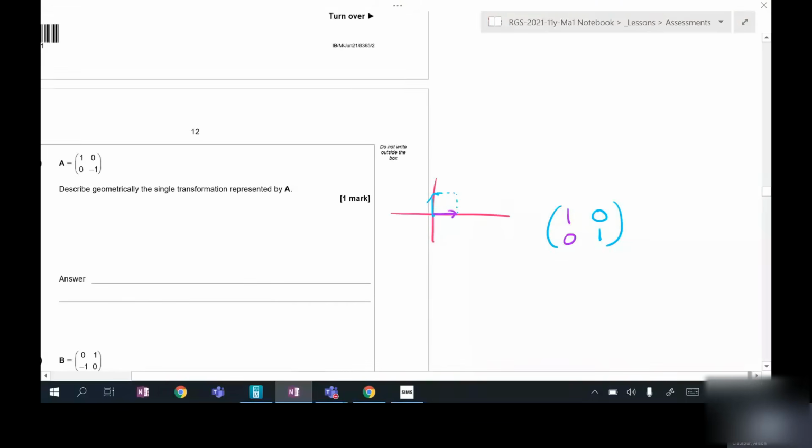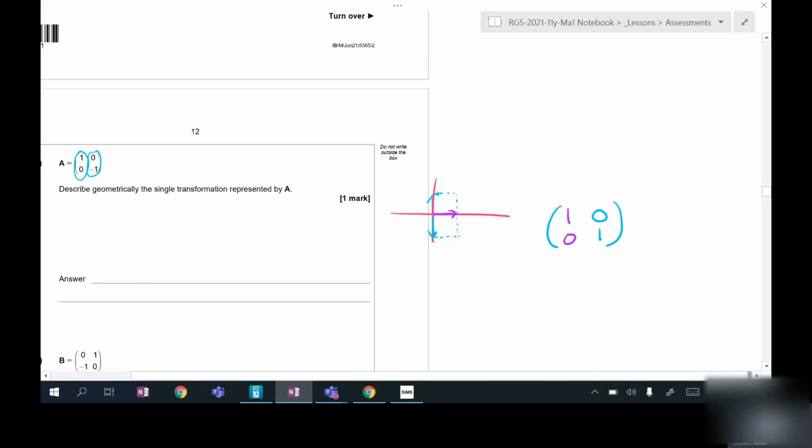Okay, so if we think about what's happened, 1, 0 hasn't changed. So this column here has not changed. So the purple one is going to be in the same place. But 0, minus 1 has moved. So my blue vector has moved to 0, minus 1 instead, down here.